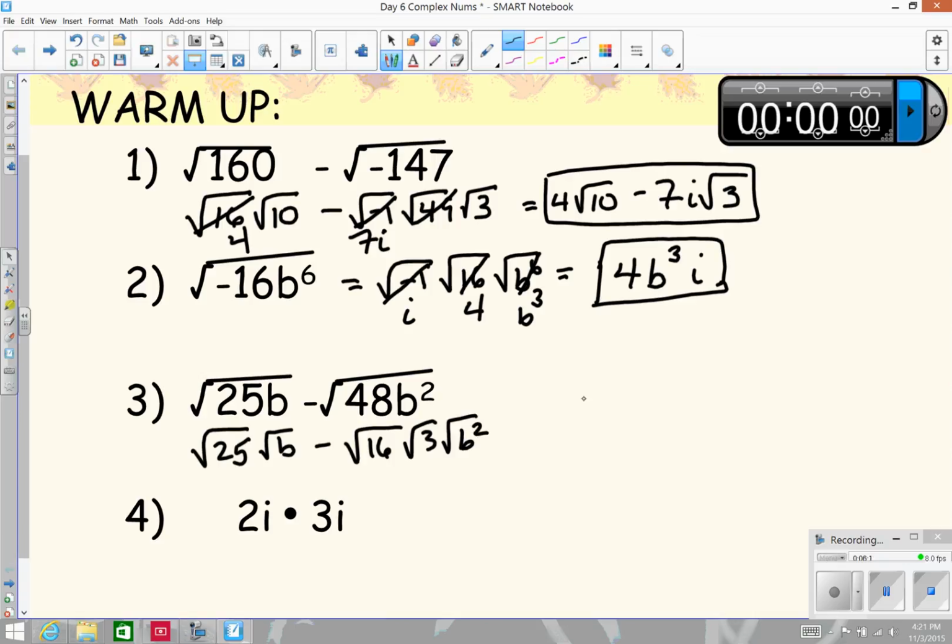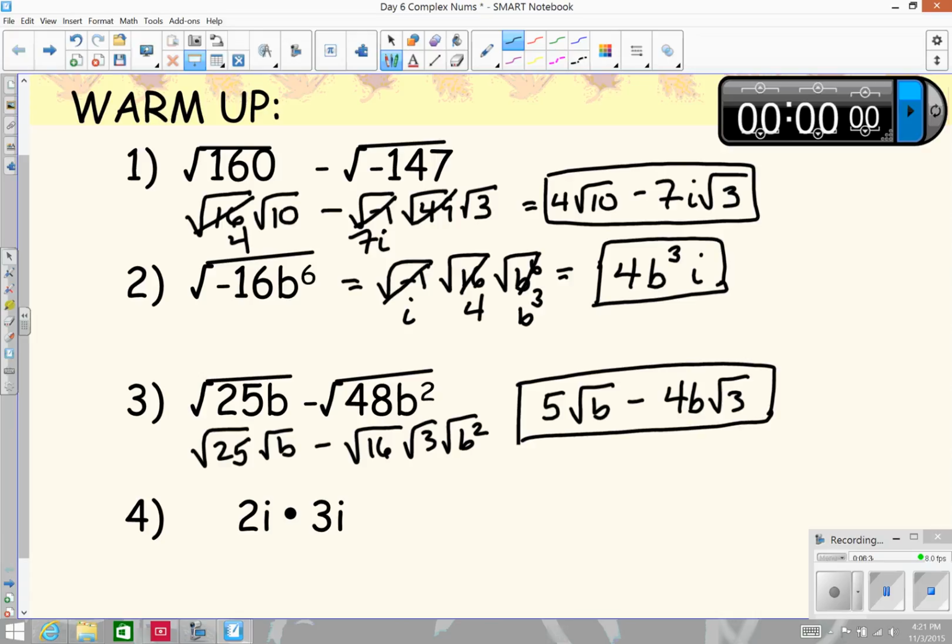I'm going to end up with, from the first term, 5 outside the radical sign, radical b, minus, outside my radical can come a 4 and a b for the second term, and then radical 3. No i's involved in that answer.